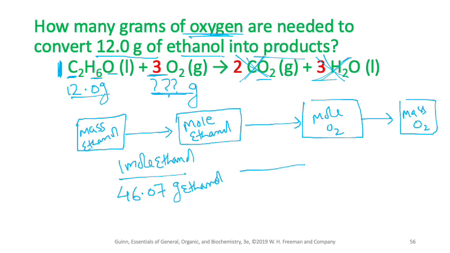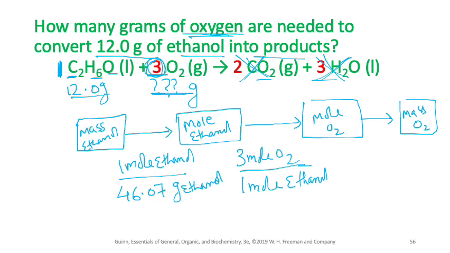Let's talk about the other two boxes, how these two boxes are related. Moles of ethanol, moles of oxygen. From the equation, I can say I get 3 moles of oxygen if I react 1 mole of ethanol, right? This is what the balanced equation is saying.